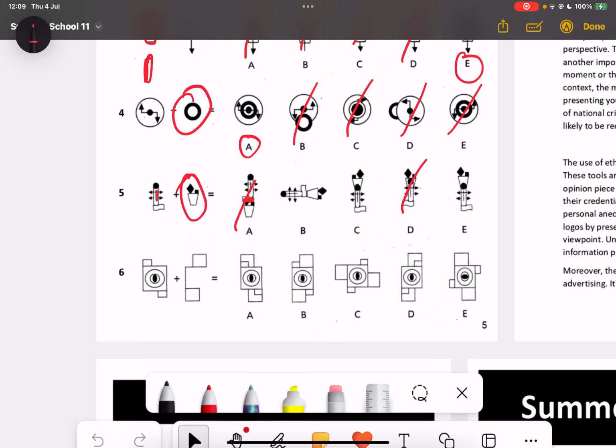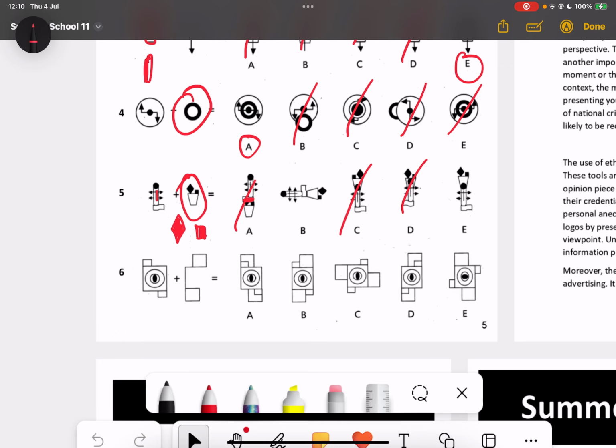Next, we're going to be looking for this trapezium with a diamond on the top, or a rhombus. Well, no, a rhombus with this one, and then a square, and then they should be on top. So it is in B, not in C, because they're the wrong way around, and in E, well, they are there.